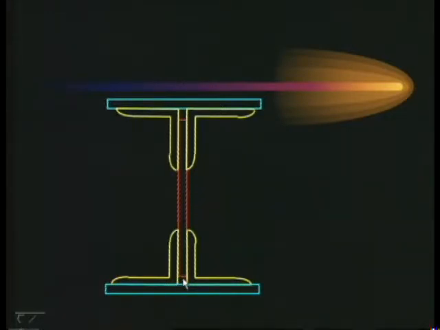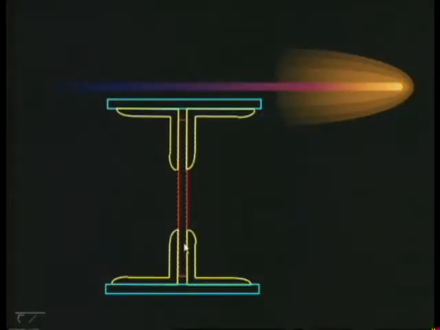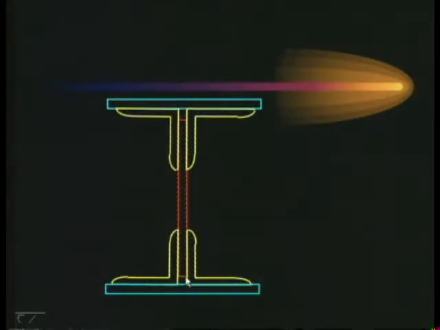You have a gap here and you have a gap here. That gives you a provision for expansion and contraction of the web plate. This is made of steel, so obviously there is a chance for expansion and contraction. So this gap provides you with that.